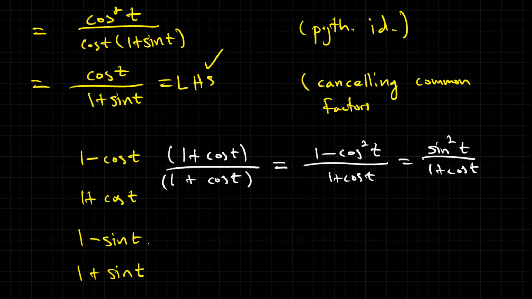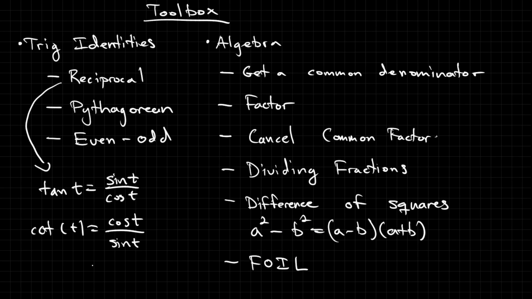If you have 1 minus sine t, you can multiply that by 1 plus sine t over 1 plus sine t. And if you have 1 plus sine t, you can multiply by 1 minus sine t over 1 minus sine t. So let's go ahead and add that to our toolbox. Let's call it multiplying by something special.